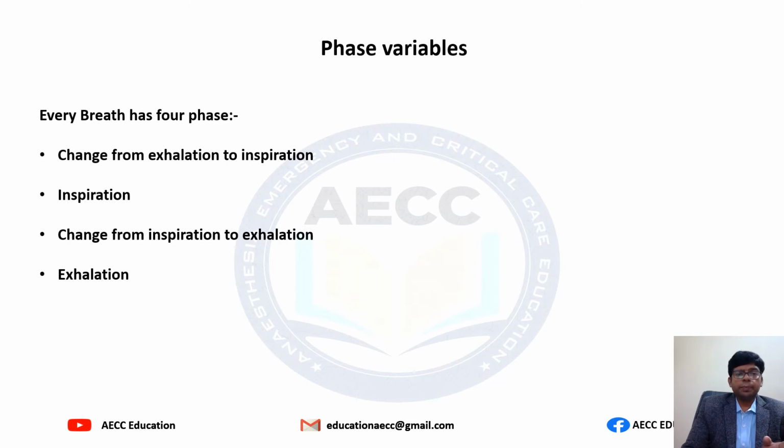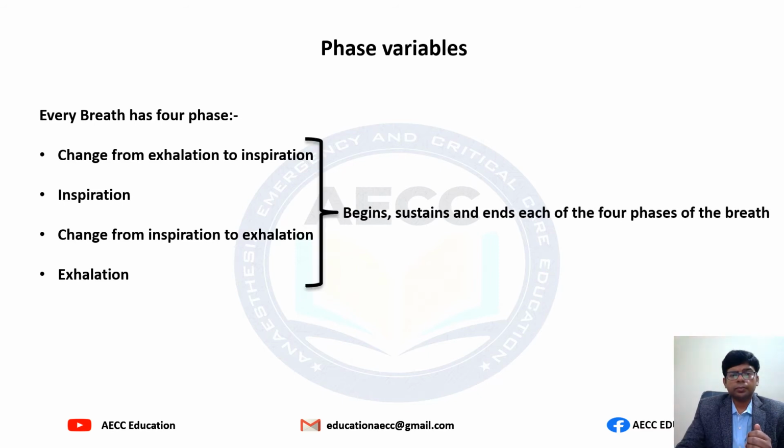Phase variables depend on the phases of the breath, every breath. So every breath has 4 phases. Changes from exhalation, expiration to inspiration, then inspiration, then changes from inspiration to the exhalation. So it begins, sustains and ends.